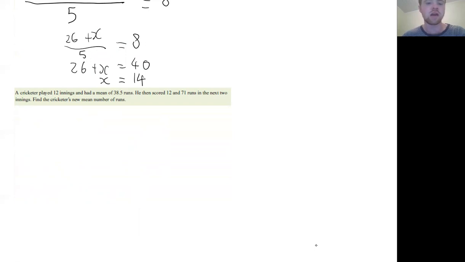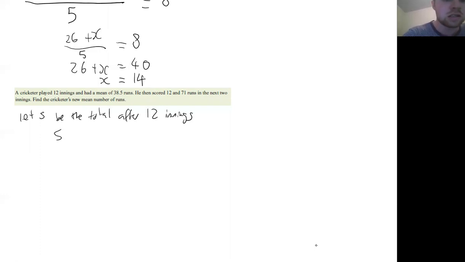So this is kind of an interesting question. What we need to do is firstly, we've got to find out what the total number of runs that he scored in the first 12 innings. So again, we're going to go, let S be the total after 12 innings.